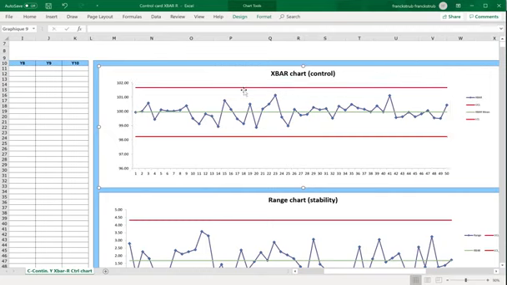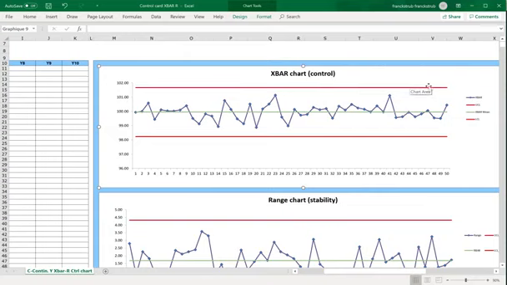We use these control limits, the lower control limit and upper control limit, which are statistical control limits, to understand if your process is in control or not. If your X-bars are within the control limits, we say that statistically speaking, you are in control.